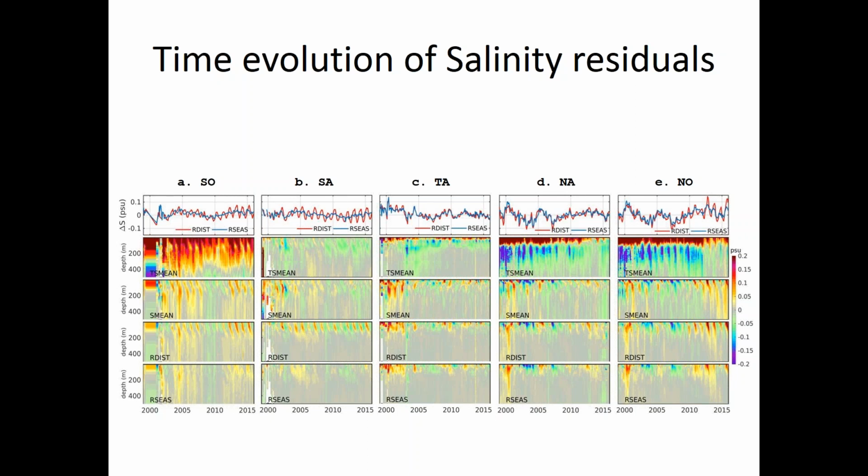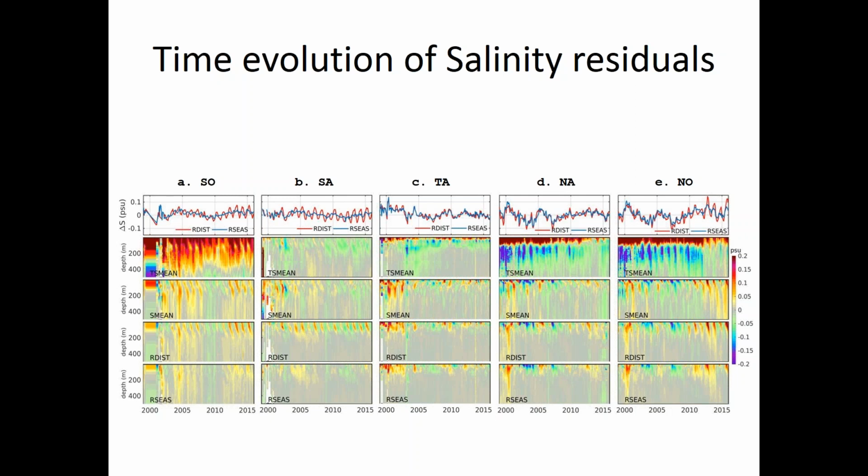And in the North Atlantic and Northern Ocean, you have a stronger compensation here for the TS mean. And this is, again, where we have strong variability. We can also see some trend here, which may be just driven by the shift in the temperature and not really by salinity.